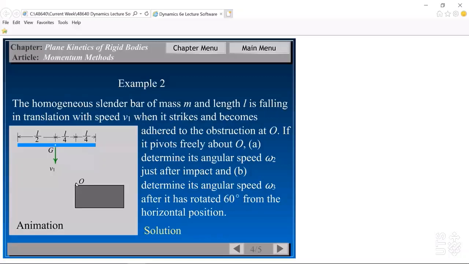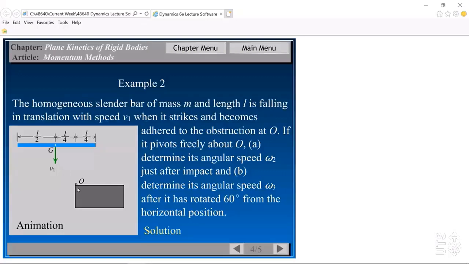In the second state, immediately before this slant bar hits this corner point O, it's still undergoing a translation, but the velocity becomes v2. v2 must be larger than v1. Why? Because of the gravitational acceleration.